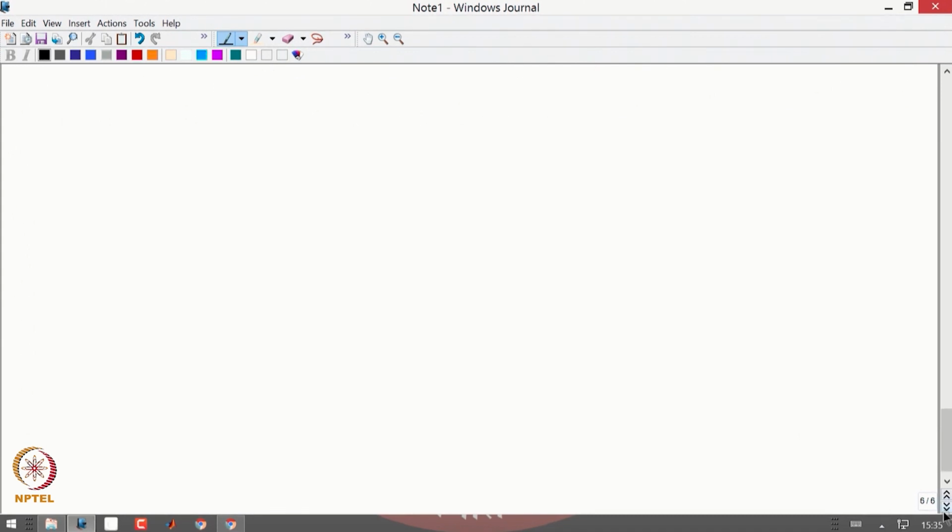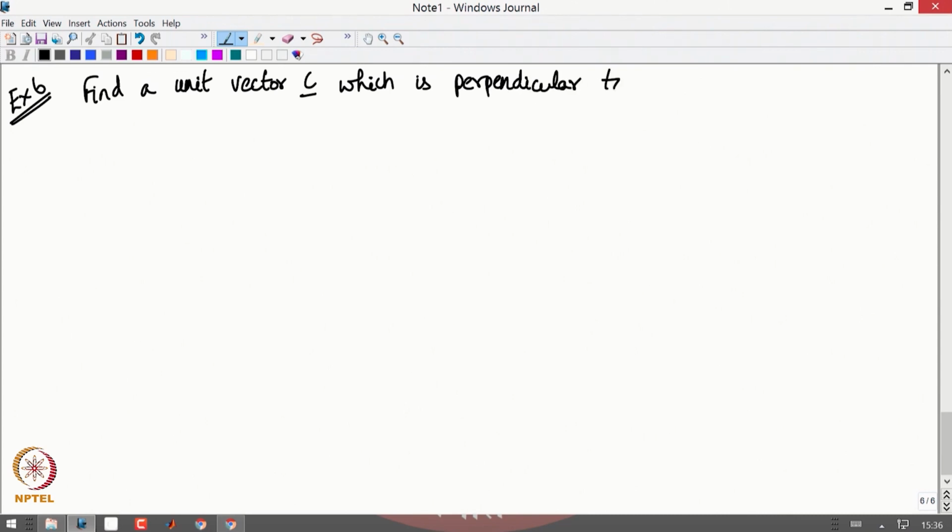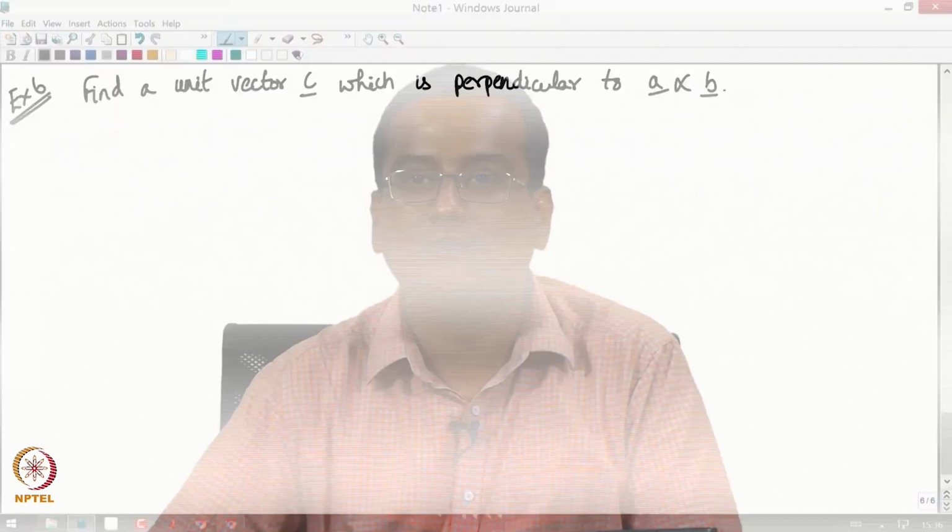The next example that I want to do is example 6. Find a unit vector C which is perpendicular to A and B. You know that if I take a cross product, the resulting vector would be orthogonal to the plane containing the vectors A and B. So, I want a unit vector of that.